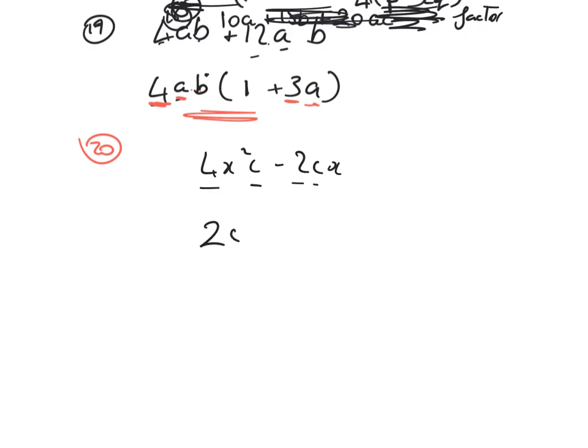Also I can take c, and from x squared and x I can take x. 2cx times what gives me 4x squared c? Well, 2 up to 4 is 2, the c is accounted for, and x up to x squared is x. Then 2cx times what gives me 2cx? That's just 1, there's a minus in the middle. 2cx bracket 2x minus 1, final answer.